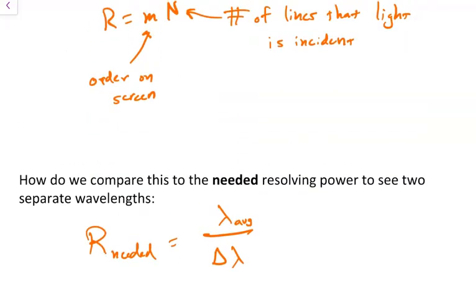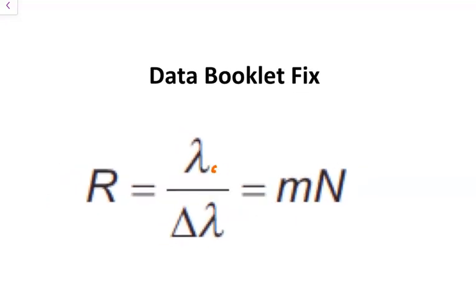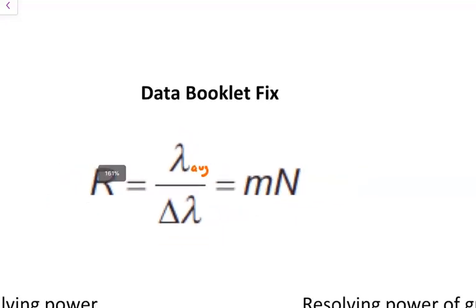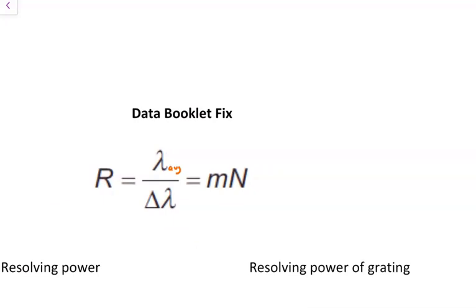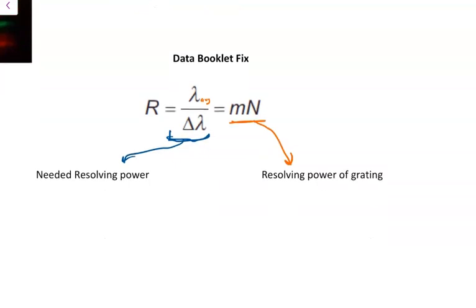There's one thing that the data booklet doesn't tell you, because this is in your data booklet right here. The only thing that's partially wrong about this is that I said this is an average, but we also see a lot of equal signs. But that's technically not true, because this Mn is the resolving power of the grating, and this lambda over delta lambda is the needed resolving power.